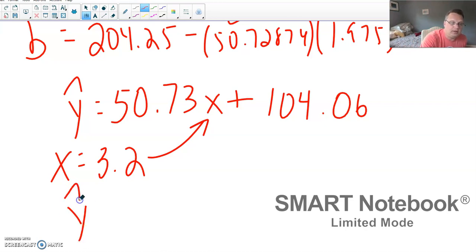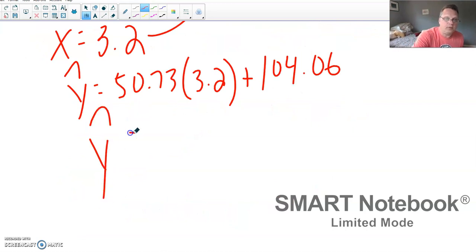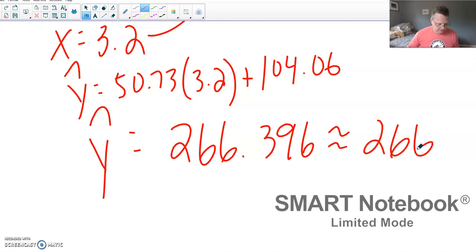So your predicted y value is 50.73 times 3.2 plus 104.06, and you get 266.396, which will go to 266. And again, that's in thousands of dollars.